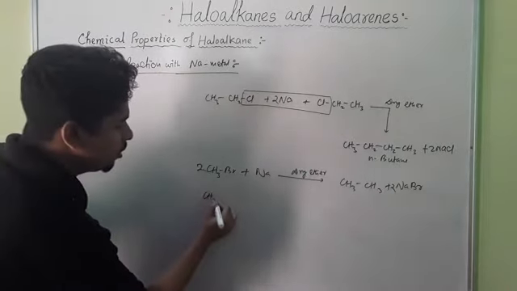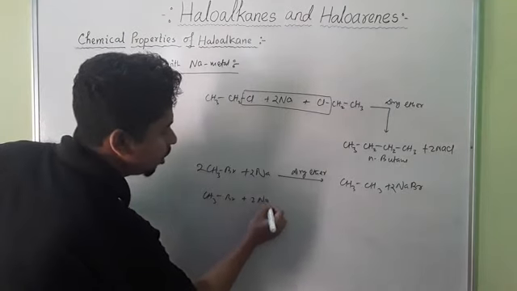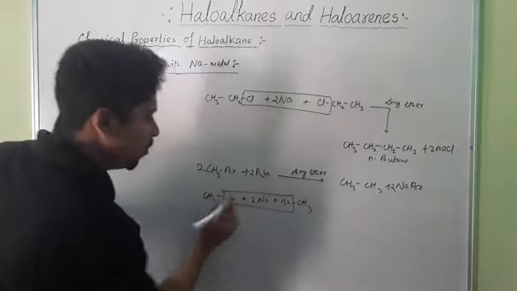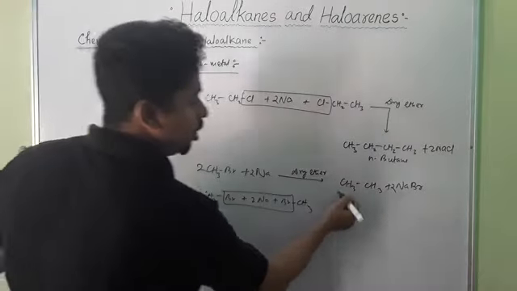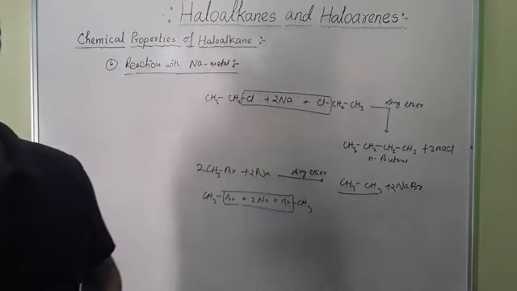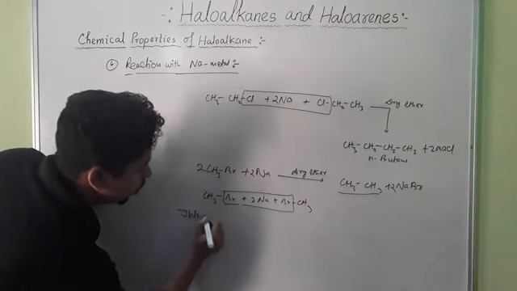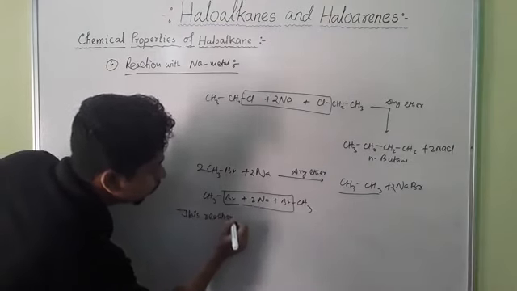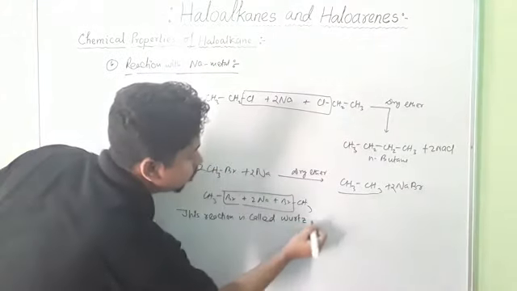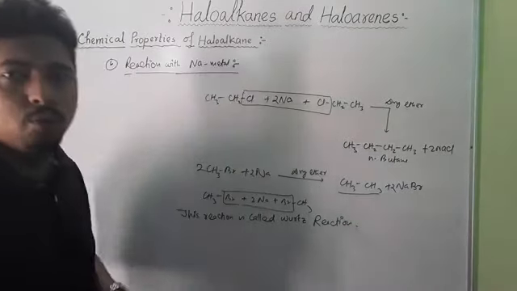You see this CH3Br, you can write CH3Br plus twice Na plus BrCH3. So here these 2 molecules of NaBr will be removed. We are left with CH3 bond CH3 plus twice NaBr. And this reaction is called the Wurtz reaction. In this Wurtz reaction, it will form an alkane with an even number of carbon atoms.